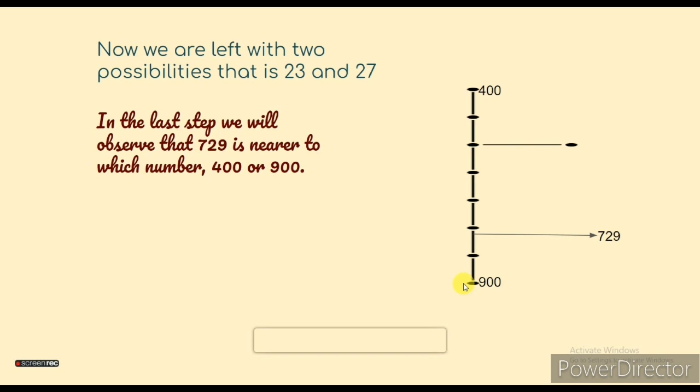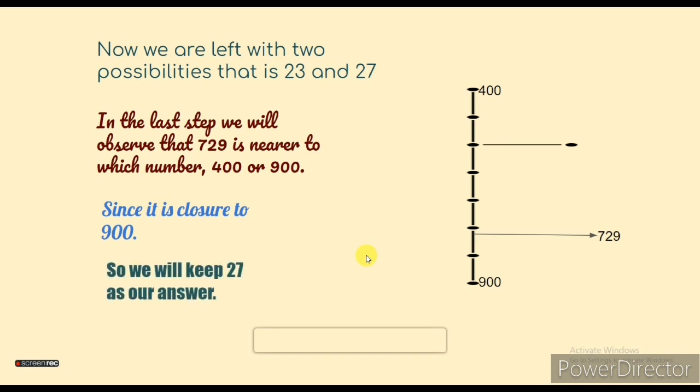So, we will keep 27 as our answer and reject the other possibility, that is 23. So, we got the square root of 729 is equal to 27.